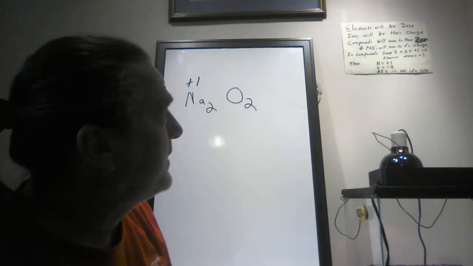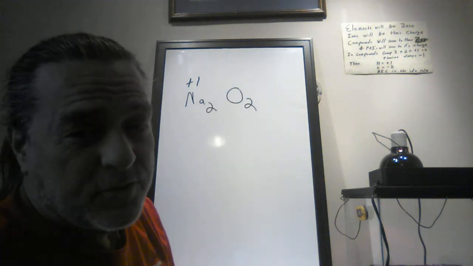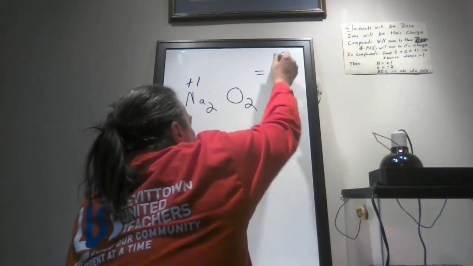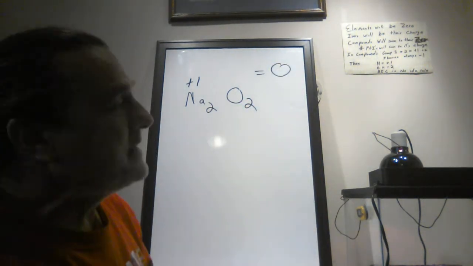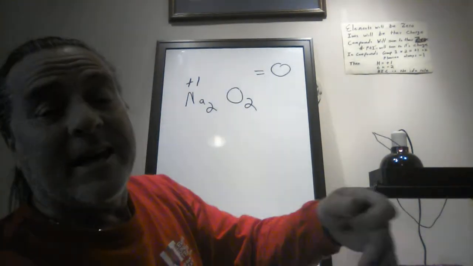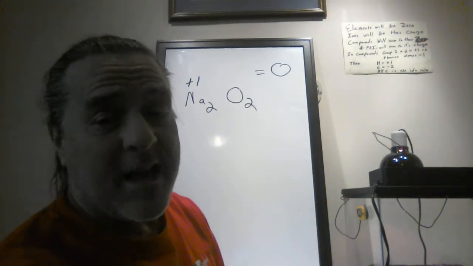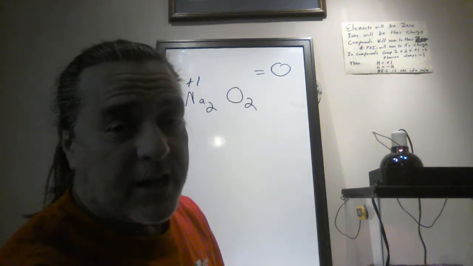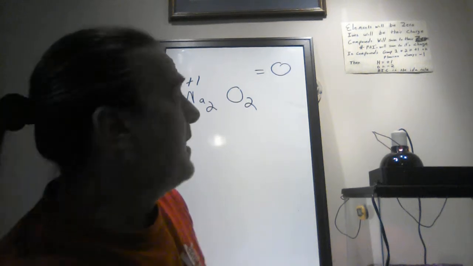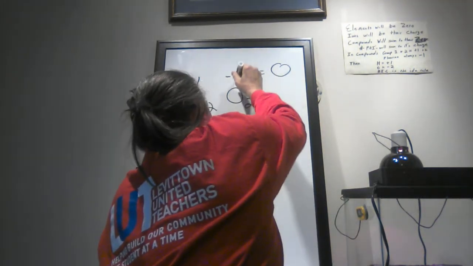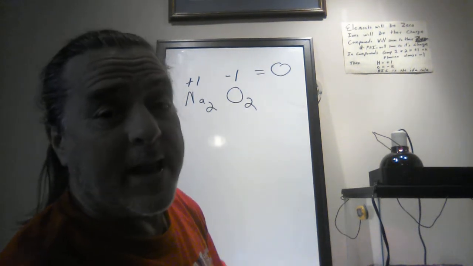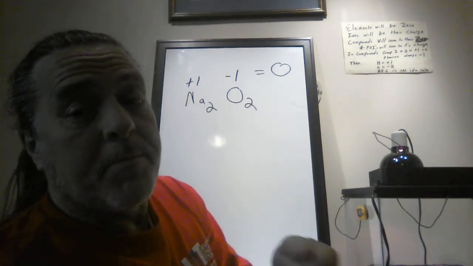Anyhow, compounds sum to 0. So this has to add to 0. Now since the rule for Na, group 1, is higher than the rule for oxygen, guess which one's going to change? It's the oxygen that's going to change. Oxygen is going to become a different value than -2. Oxygen is going to be -1, which if you remember yesterday or the day before, we said when it's -1, it's a peroxide.